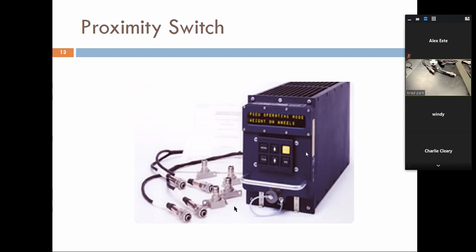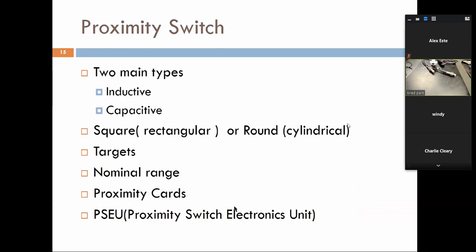Okay, so there would technically be cards inside the boxes for each of the sensors. So it's an electronic circuit for that switch then. Yeah, each one is kind of like your computer card. It slides in for each sensor. Okay, very good. Thanks, Brad.